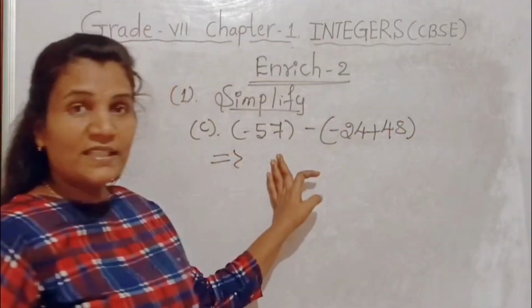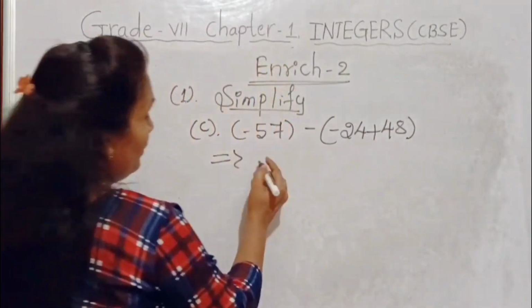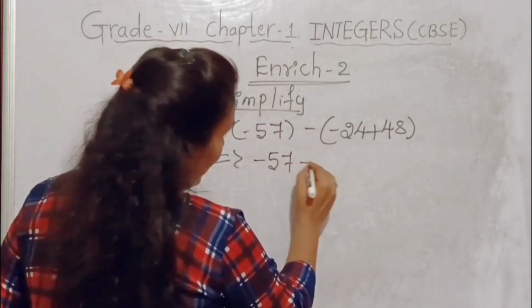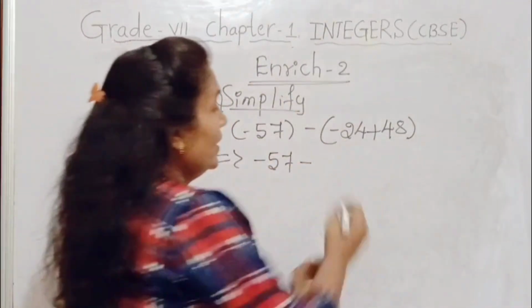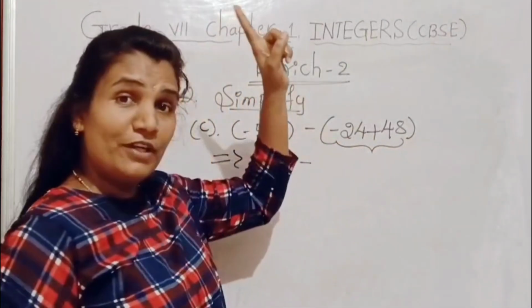Yes, my kids. Here see, again the bracket. First remove the bracket. Minus 57, write as it is. Here minus also, keep as it is, because within the bracket some operation is there that we need to do according to our rules.